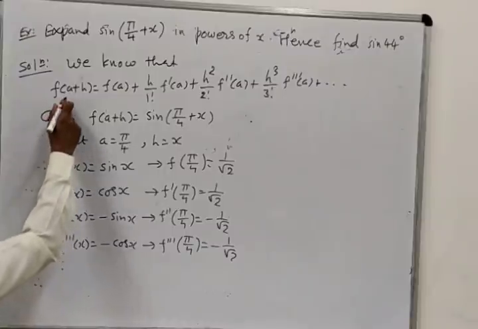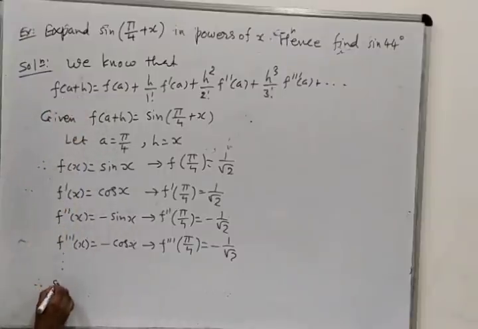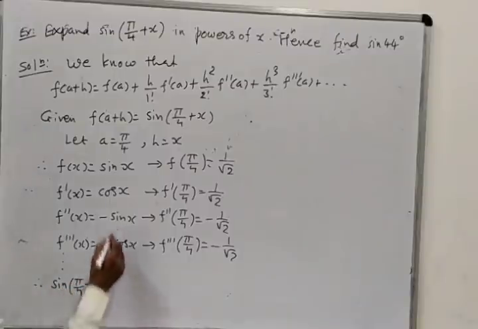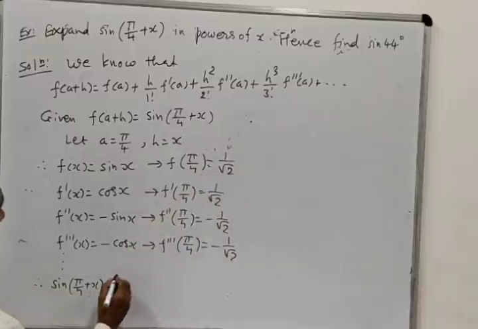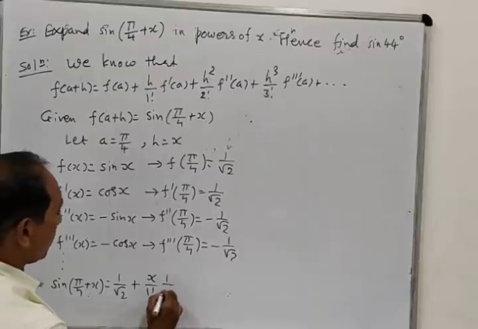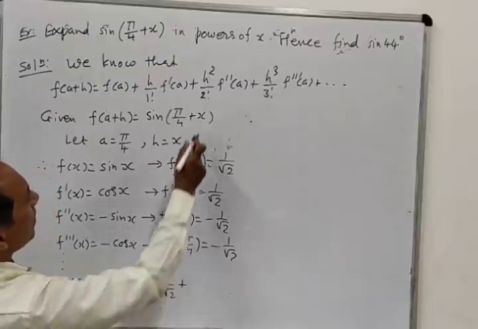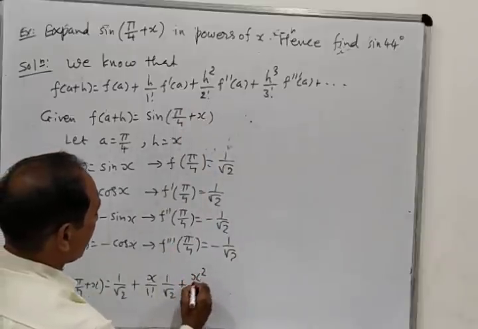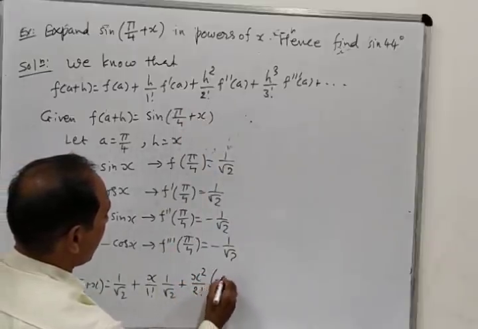Therefore, we have the series f of a plus h. f of a plus h is sin of pi by 4 plus x. f of a means this value, 1 upon root 2, plus h, which is x, times f dash a, which is 1 upon root 2, plus h square by 2 factorial, meaning x square by 2 factorial, times f double dash a, which is minus 1 upon root 2.